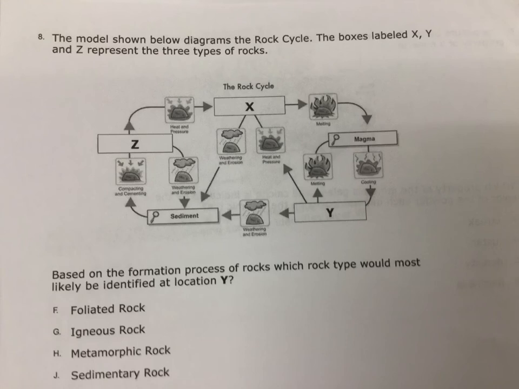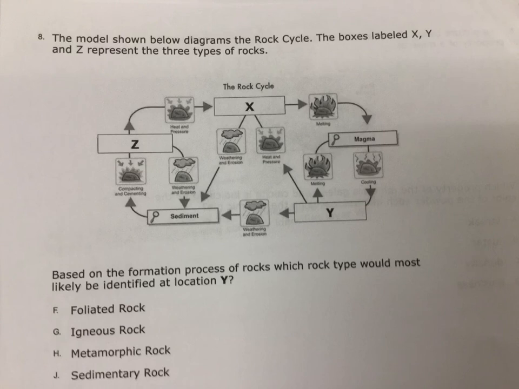Number 8, the model shown below diagrams a rock cycle. The boxes labeled X, Y, and Z represent the 3 types of rocks. So we'll take a look at the picture. Question, based on the formation process of rocks, which rock type would most likely be identified at location Y?